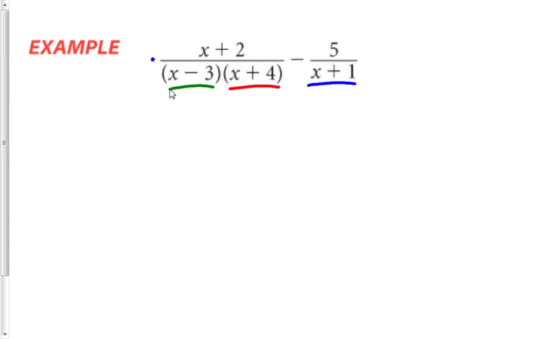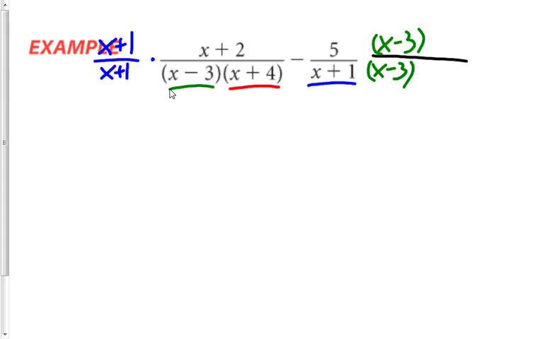So I'll need to multiply the first fraction by x plus 1 over x plus 1. Now, I'll need to multiply negative 5 over x plus 1 by x minus 3 over x minus 3 and x plus 4 over x plus 4.